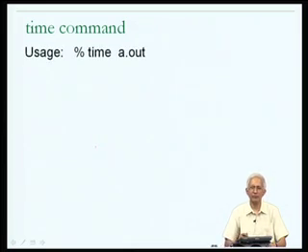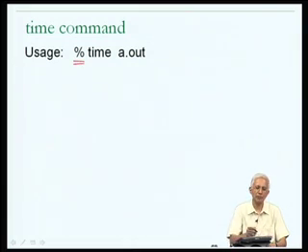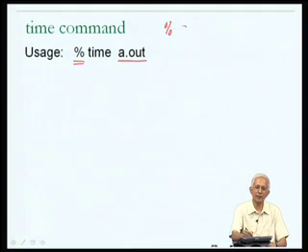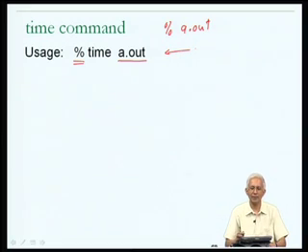The way that you use it is that in response to the shell prompt, if your intention is to find out the amount of time that it takes in the execution of, let's say, the program a.out, then rather than just executing a.out, you execute a.out through the time command. In other words, you type time space a.out, and now the time command will cause a.out to be executed, but it will give you in return information about how much time it took for a.out to execute.